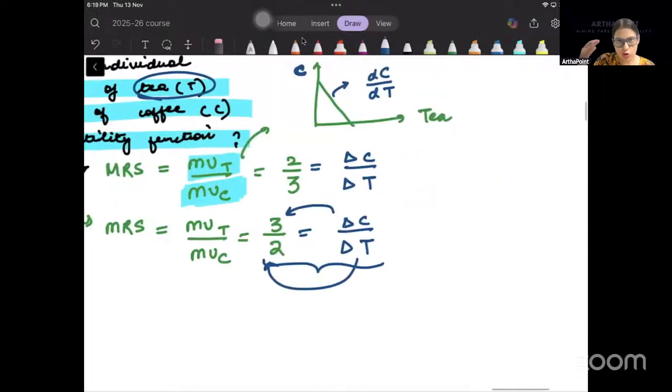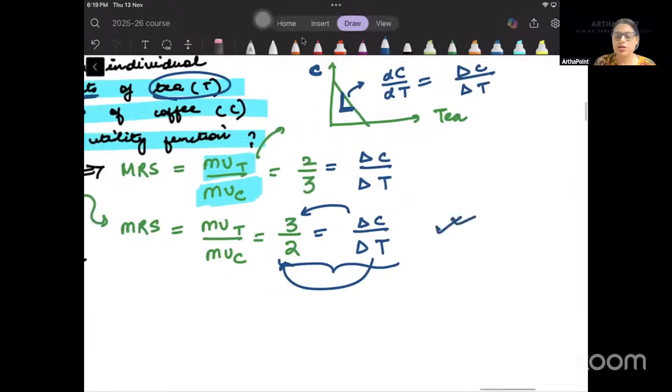MRS is slope. Slope is perpendicular by base. Perpendicular is change in coffee. Base is change in t. So again, this also matches.